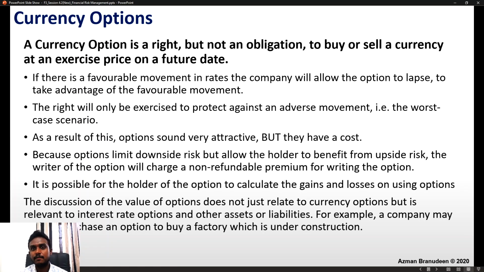It is possible for the holder of the option to calculate the gains and losses on using options. Now, the discussion of the value of options does not just relate to currency options but is relevant to interest rate options also, which follow very closely the same structure. For example, the company may wish to purchase an option to buy a factory which is under construction.